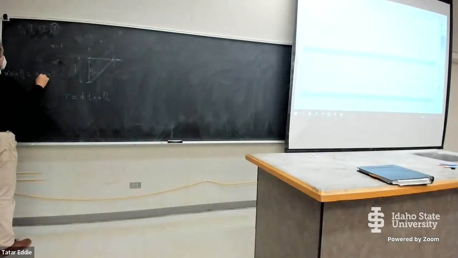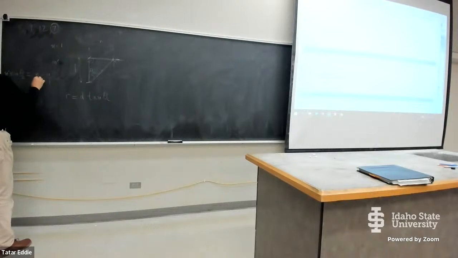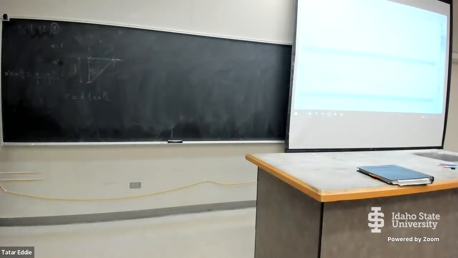Sine of 90 degrees is 1. Index of refraction of air is 1. Therefore, the critical angle for our case is 1 divided by n prime, where n prime is the index of refraction of water. And that's it.